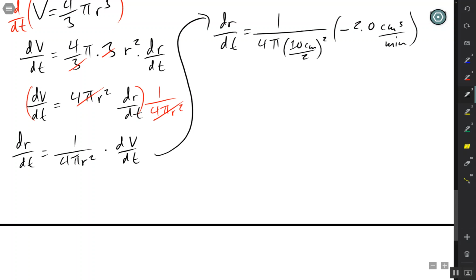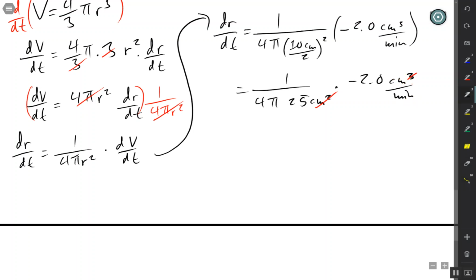Now notice on the bottom this is going to become 1 over 4 pi times 25 cm squared, times negative, just to show the units. So this cm squared gets canceled, and we're only left with the units of what exactly we're looking for, cm per minute.